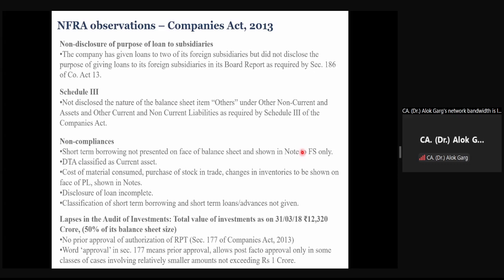The responsibility of the auditor is to opine that these financial statements are in compliance with the accounting standards or Ind AS, whatever is applicable. Third, that these financial statements are true and fair, are representing a true and fair view, and are in compliance with all laws and regulations of the country.